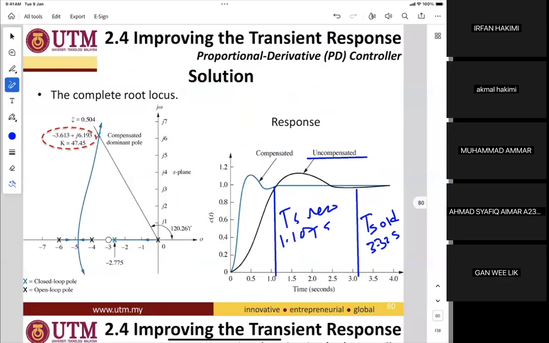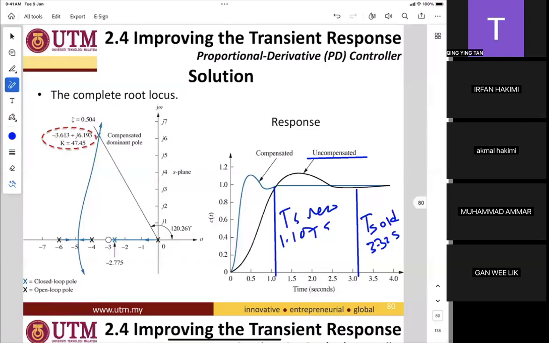Ahmad Syafiq, doctor. 3.32 seconds divided by 1.107, how much? 3.102, 3.103.